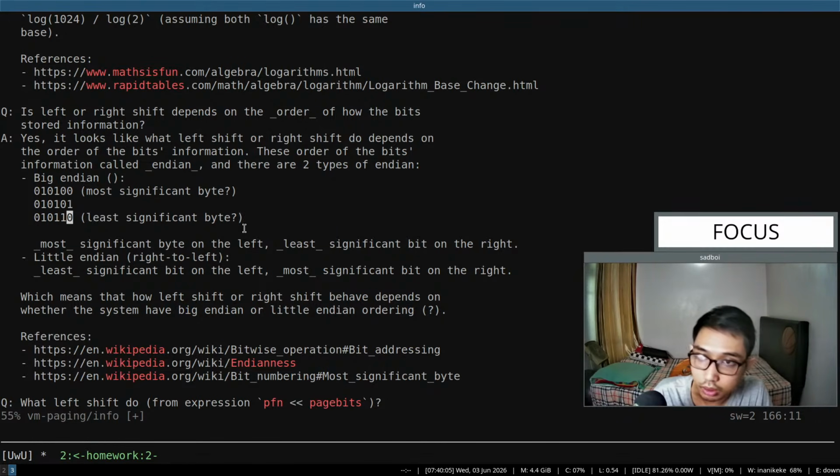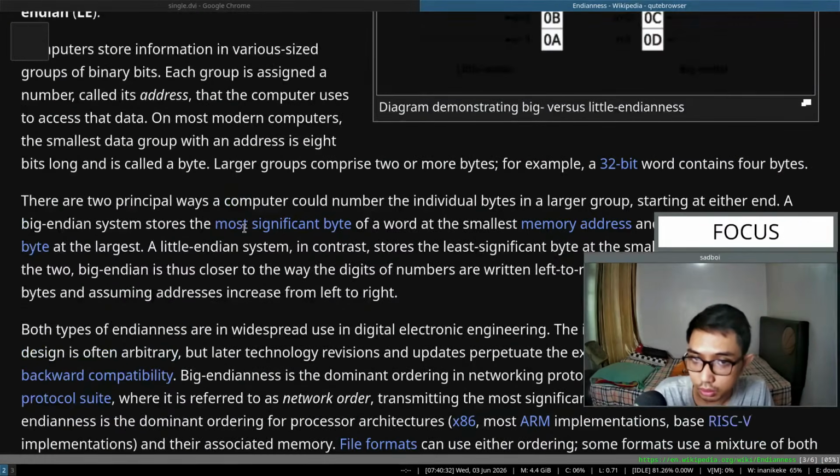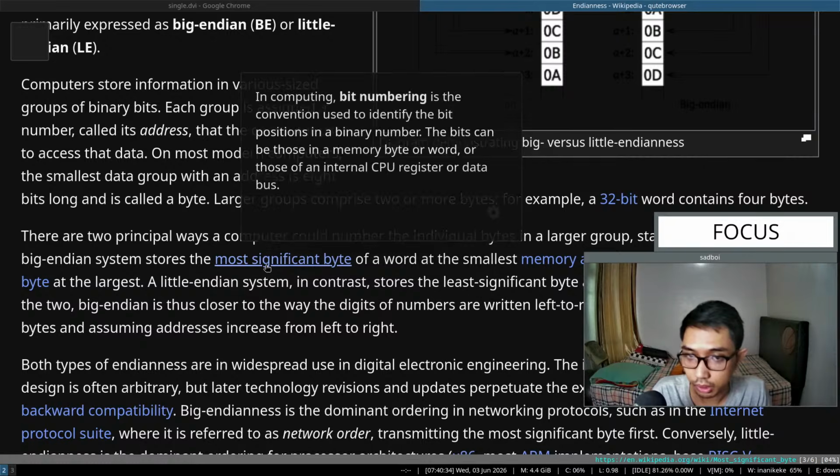Or maybe something different. If that's the case, significance of byte. Yeah, I'm still not sure about significant byte here.